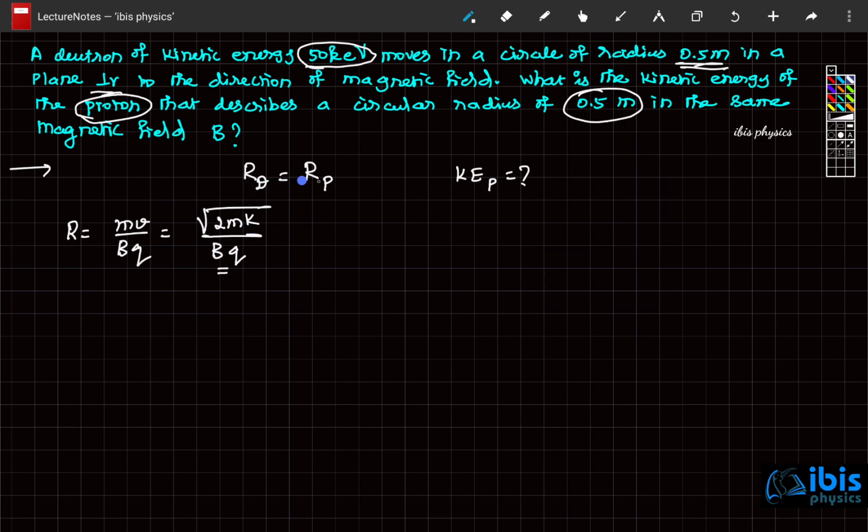They say the radius of the deuteron is equal to the radius of the proton. So let us write this equation for the deuteron and the proton. Radius is root over 2mK by bq.